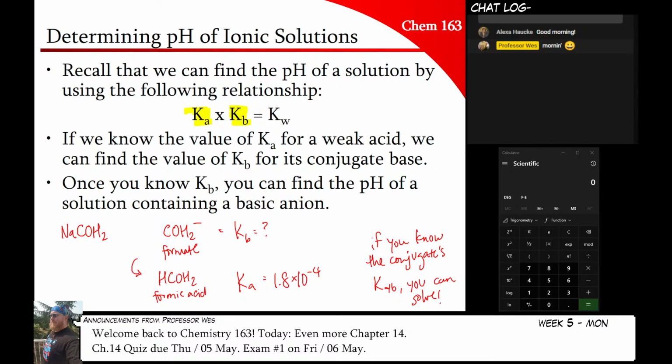In this case, we would say, okay, if Ka is 1.8 times 10 to the minus 4, Kb must just be Kw, which is 1 times 10 to the minus 14, divided by Ka, which would be 1.8 times 10 to the minus 4. And so this would be Kb. Kb of sodium formate would be 5.6 times 10 to the minus 11. And then we could solve the problem.